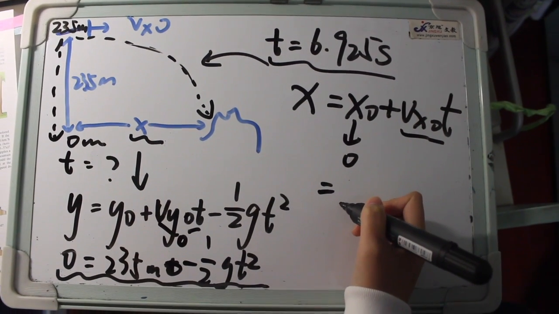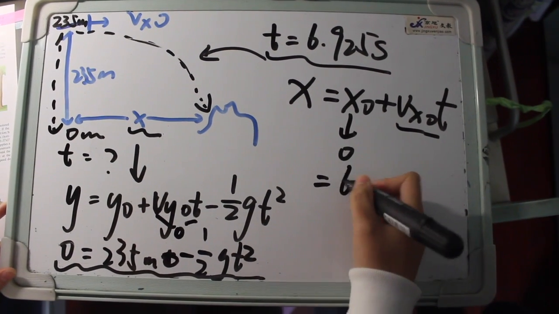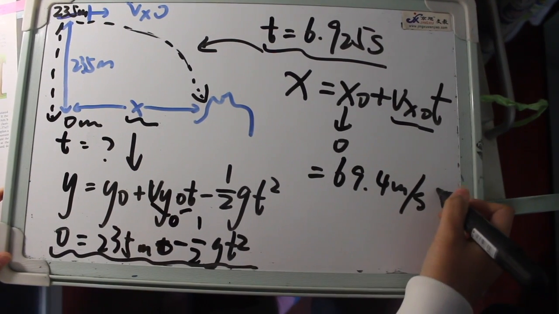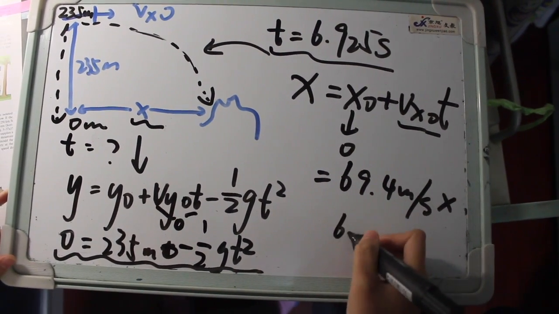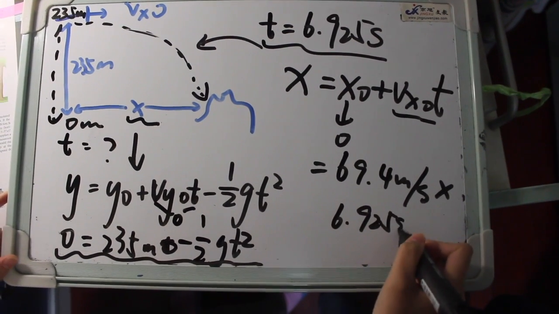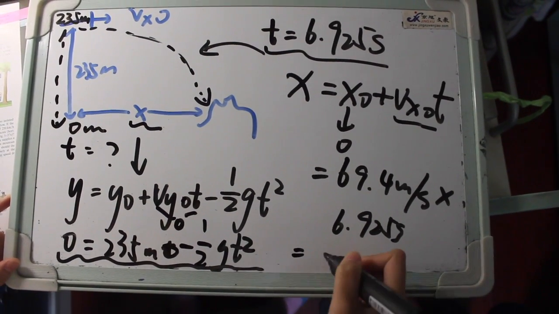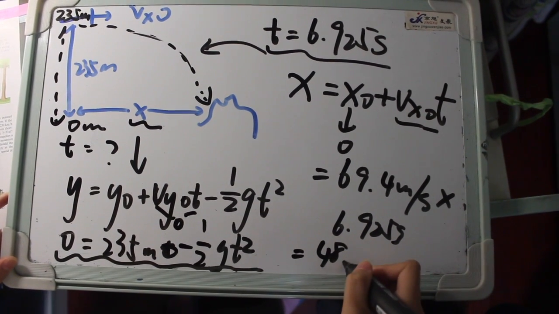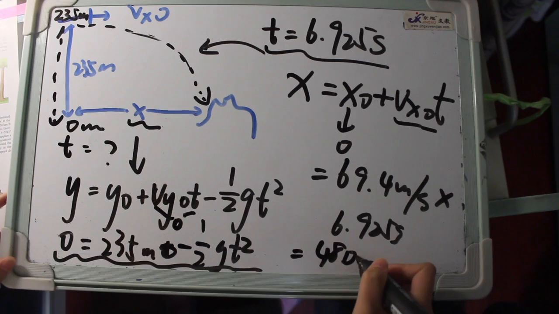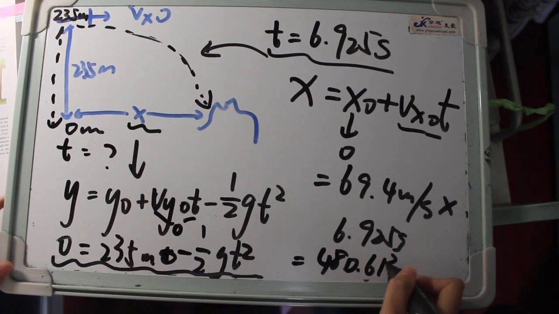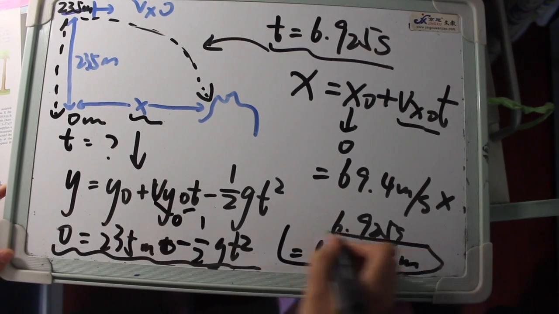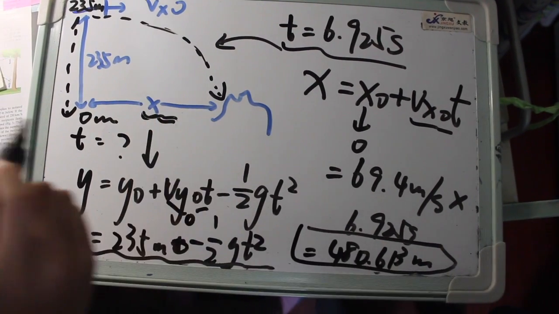In the problem, it is 69.4 meters per second times 0.925 seconds. The result is 480.613 meters. Then this is the answer of X.